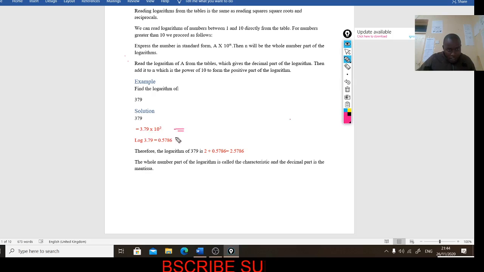Now the log of this, base 10, we have found it to be 0.5786. So if that is the power, then remember times 10 squared.